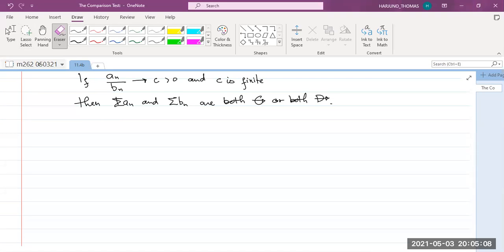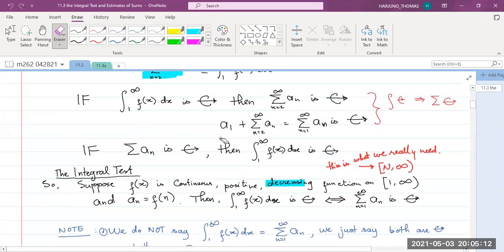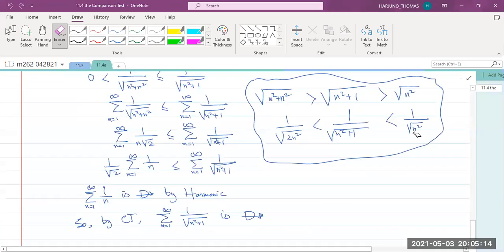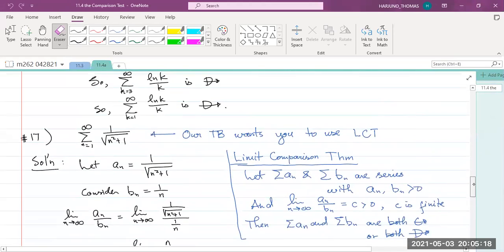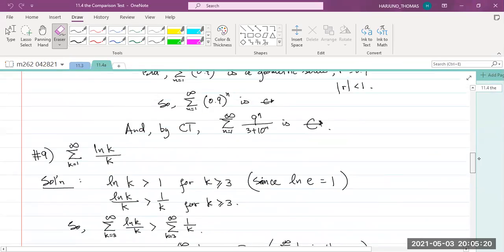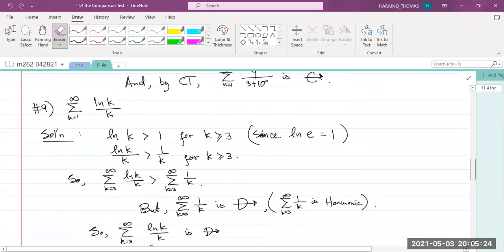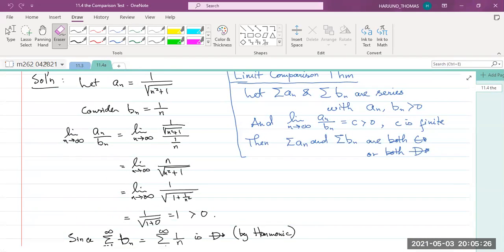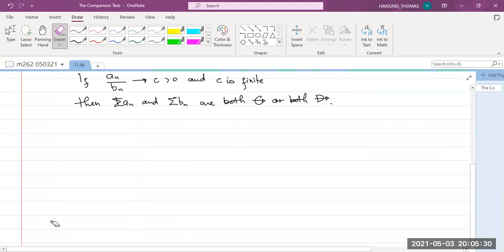Let me see my notes. Page 262, section 11.4a. I did up to number 17. Do you have any problems you want to do from here besides those?